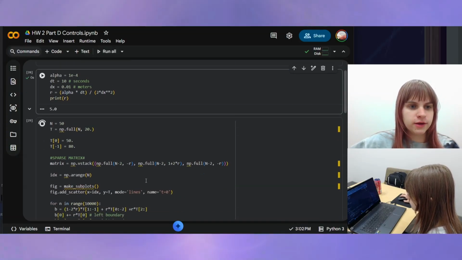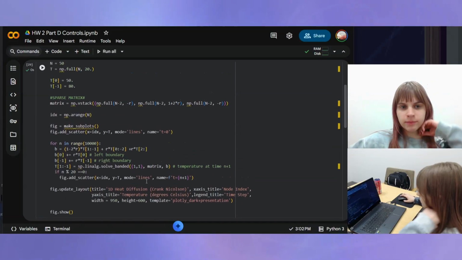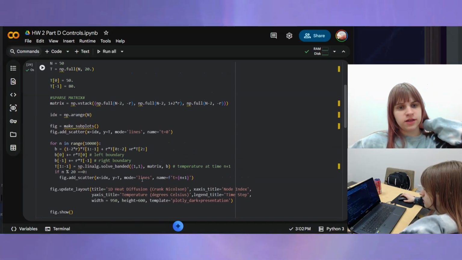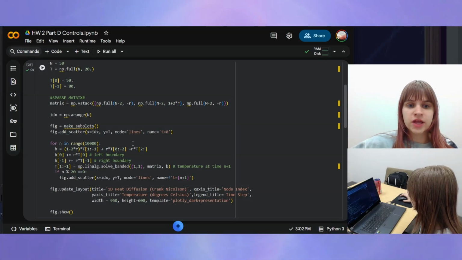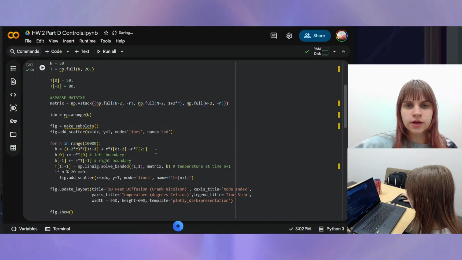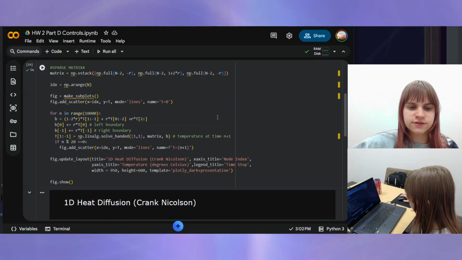I'll run the whole thing. And remember, in part C we did this basically same thing but with an explicit method, and our R value had to be less than or equal to 1/2.